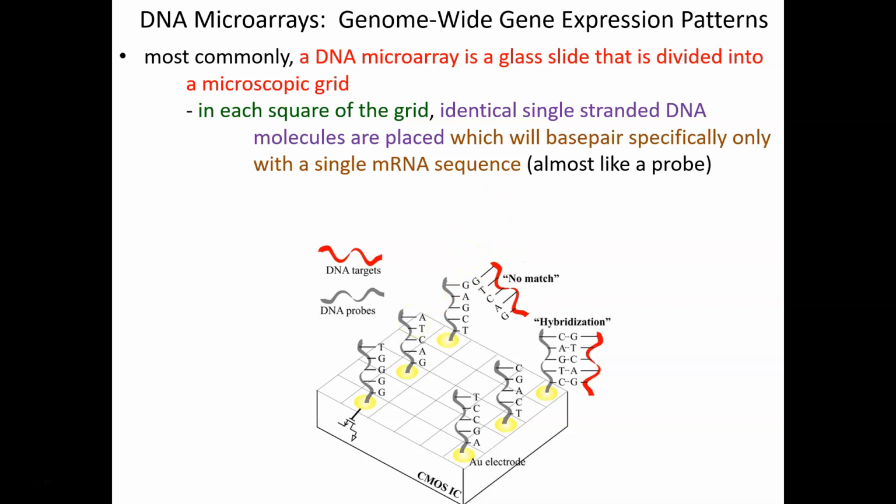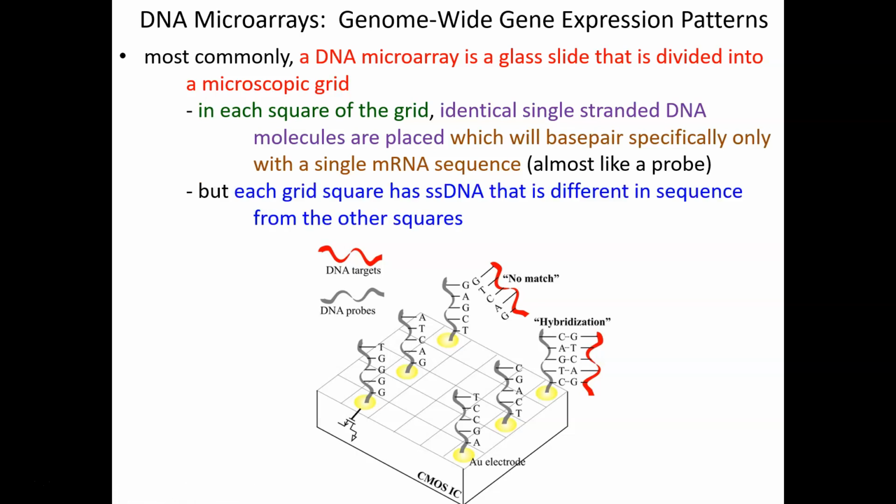Another grid square, GAGCT, another grid square, CAGTC. So each grid square contains identical DNA molecules within it, but different sequences than neighboring grid squares. And again, every single grid square represents the sequence of one specific gene from the organism that the microarray is created for.